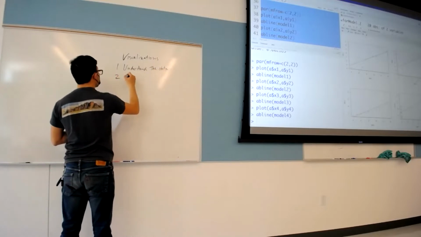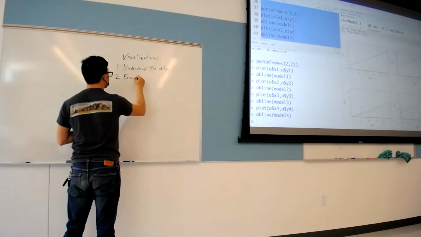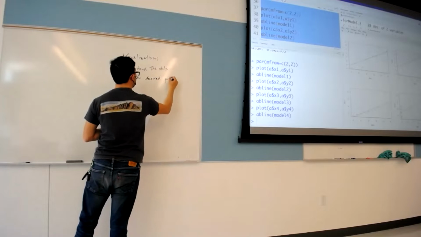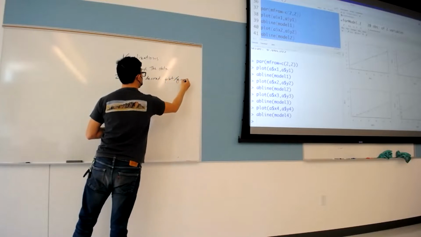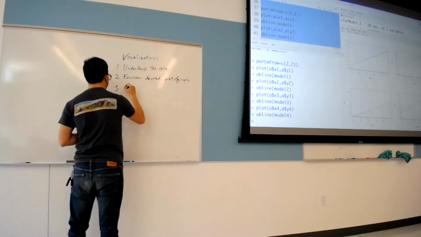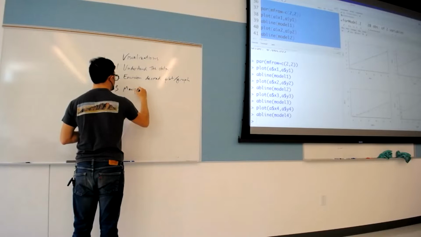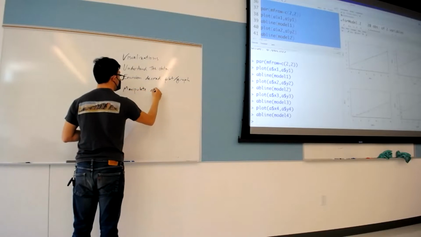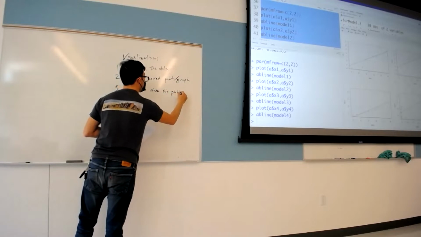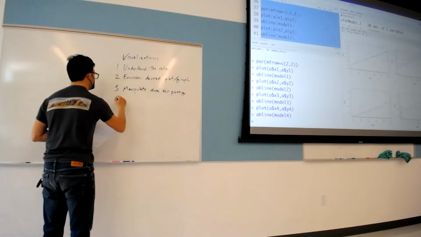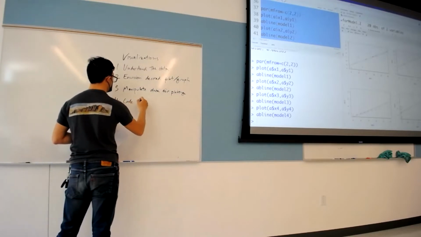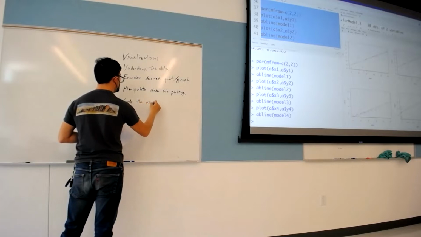Two, envision the desired plot or graph, and maybe that means sort of drawing it out first. Three, manipulate data for plotting. And then it's not until step 4 where we actually do the coding, code the visualization.